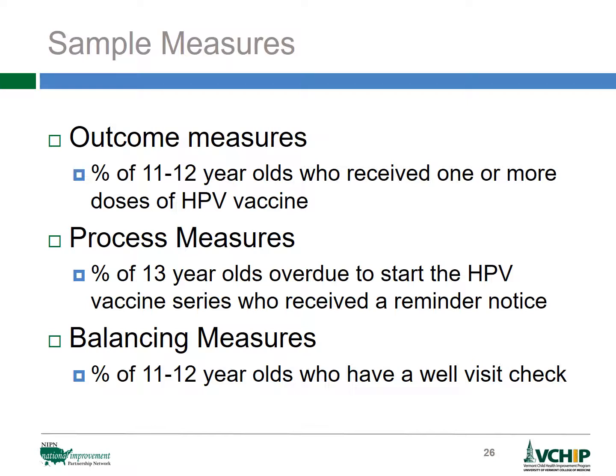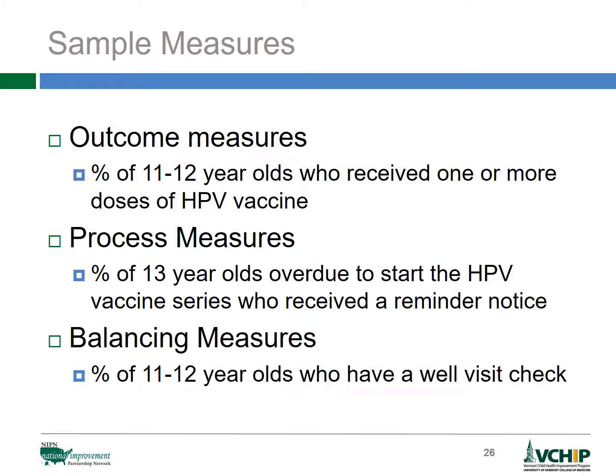So a process measure is going to be around that reminder recall system. So it might be what percent of those practice 13-year-olds who are overdue to start the HPV vaccine received a reminder notice from the practice. Or it could be what percent of those patients made an appointment based on that reminder notice.